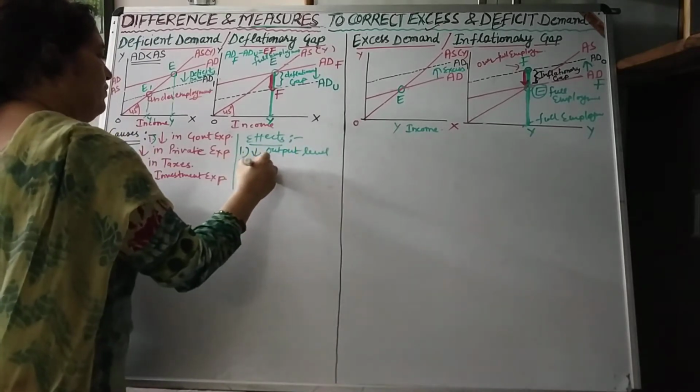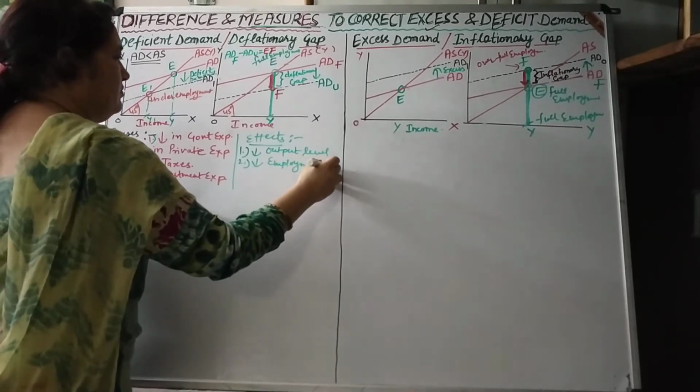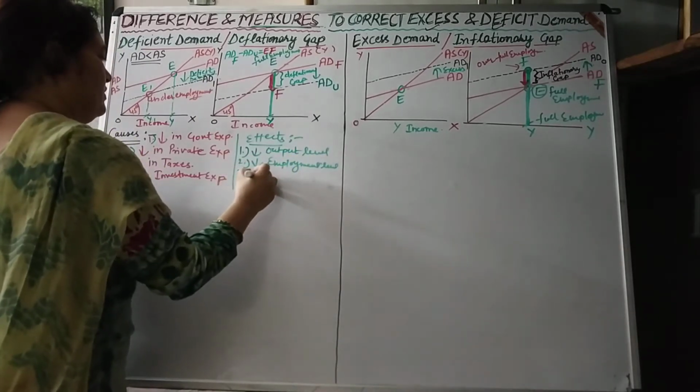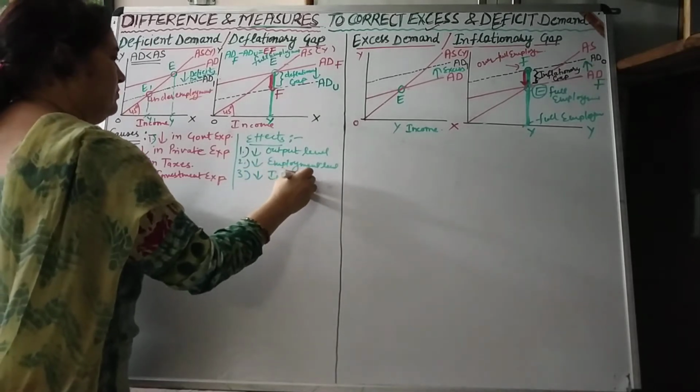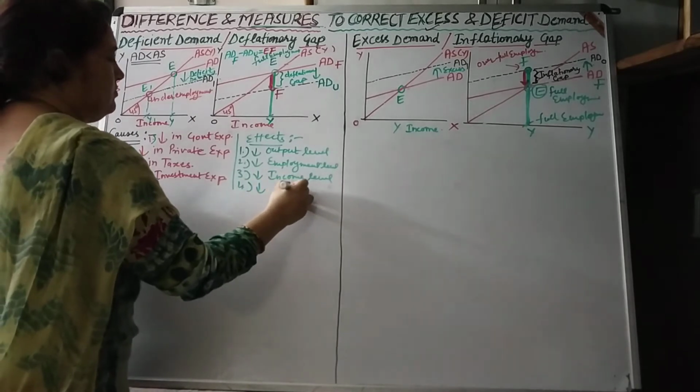Number 2, fall in employment level. Number 3, fall in income level. Number 4, fall in prices.